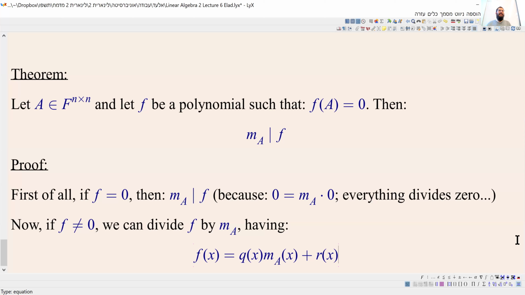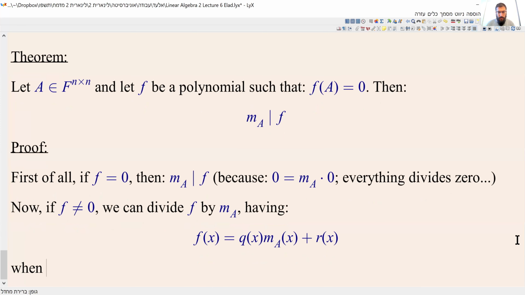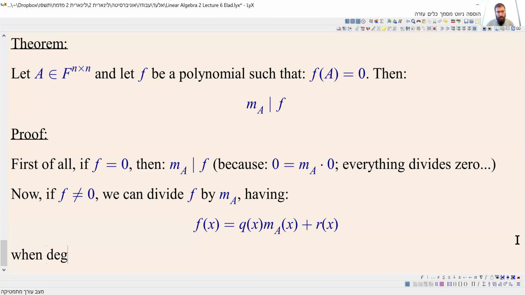And what do you know about dividing with a remainder? We know that the degree of the remainder is smaller than the degree of the polynomial we divided by, meaning that the degree of R is smaller than the degree of M_A.